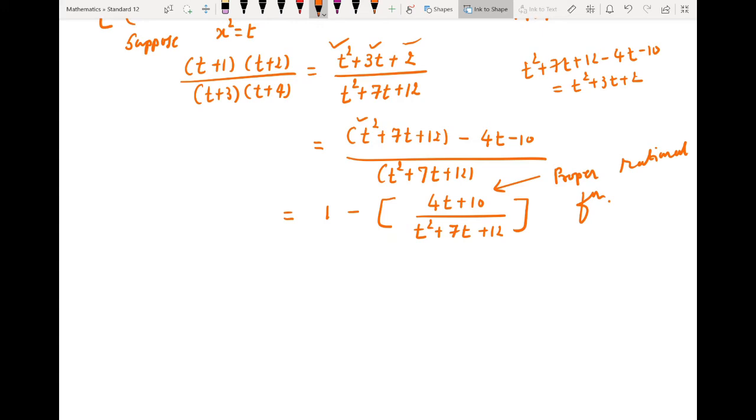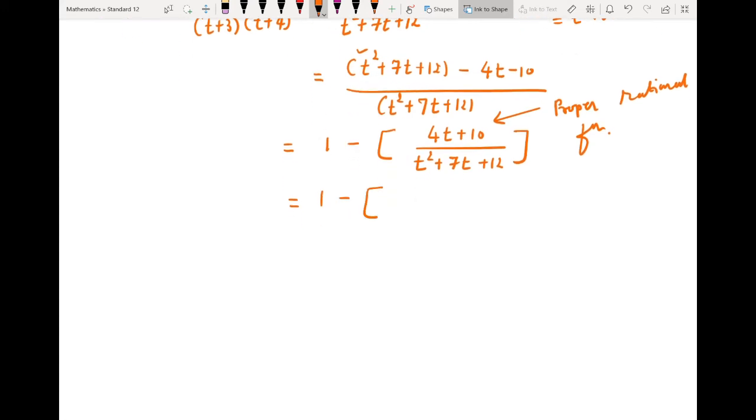So here, since it is a proper rational function, it is nothing but 4t plus 10 upon t plus 3, t plus 4, denominator is t plus 3, t plus 4.